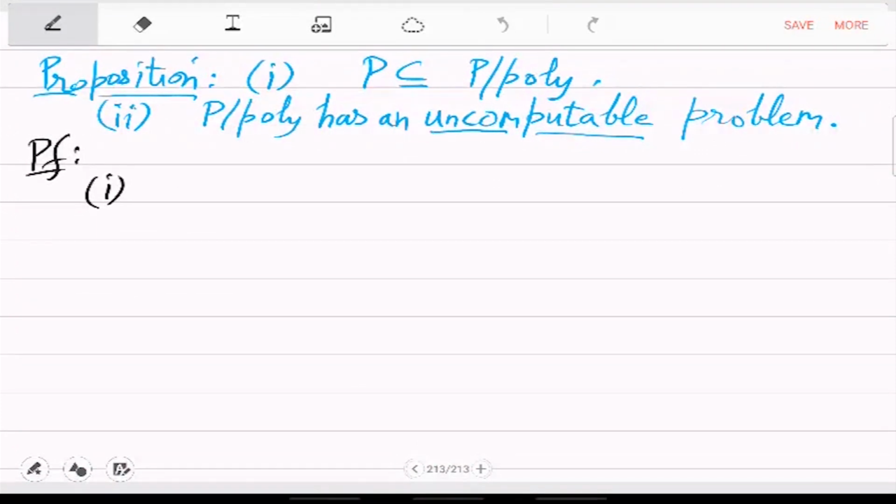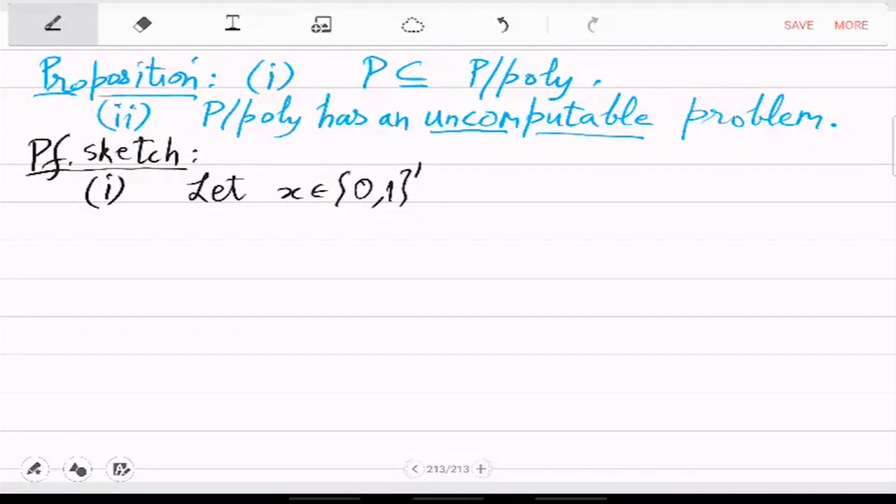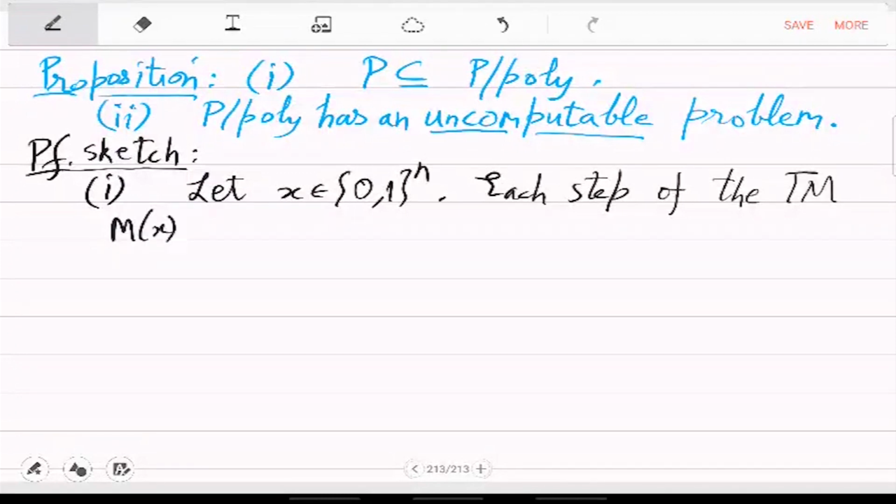This is just a proof sketch. I will not go into the detailed proofs. It is actually not difficult to finish these proofs. So, P is contained in P/poly is done by the following. Let x be the input of some fixed length n, and whatever the Turing machine M does, each step of the Turing machine M on x is very simple.